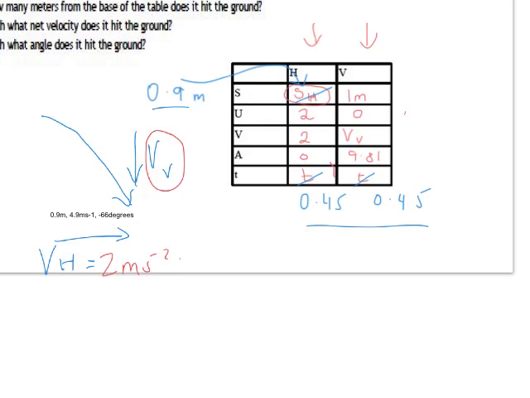And we can find that in the simplest way possible. It's u plus at. So we can work that out from 9.81 times 0.45. Okay, so we get a value of 4.4 meters per second. So now we have our second component in the vertical.